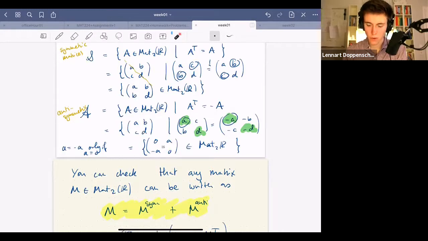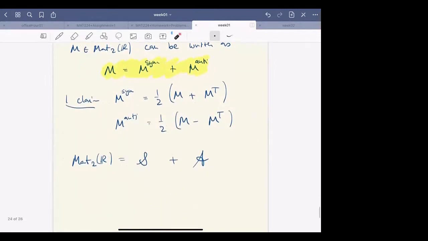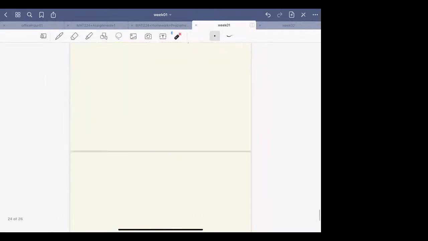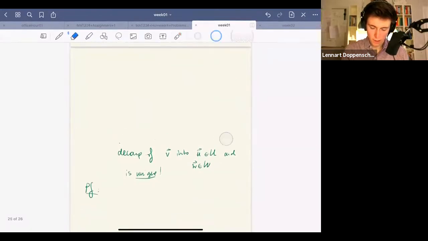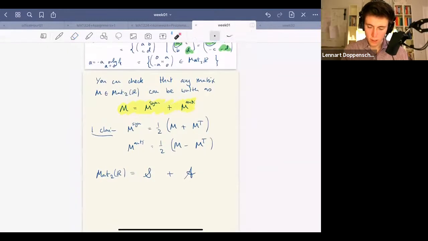So I think that's the best answer I can give right now. You can also check that this will make it skew symmetric, I mean anti-symmetric. And if you had anything else here, it wouldn't be anti-symmetric. Okay, I don't want to say anything about this today. I'll probably mention this another time.